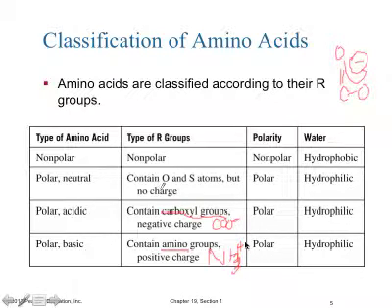And when we combine amino acids and make peptides, then those groups aren't there anymore. So we are talking about the R groups here, not about the carboxylic acid group that's present on every amino acid when it's by itself, or the amino group that's present on every amino acid when it's the singular amino acid.